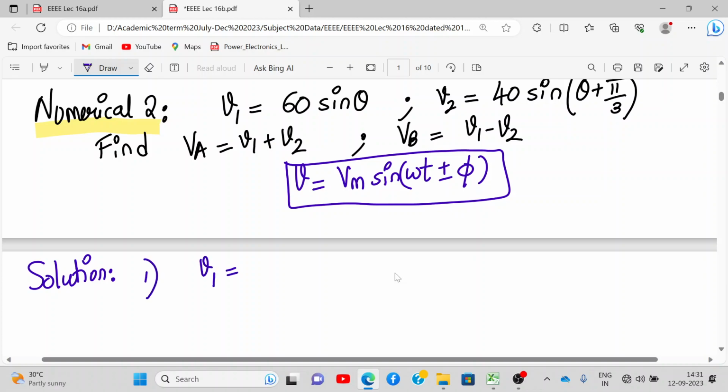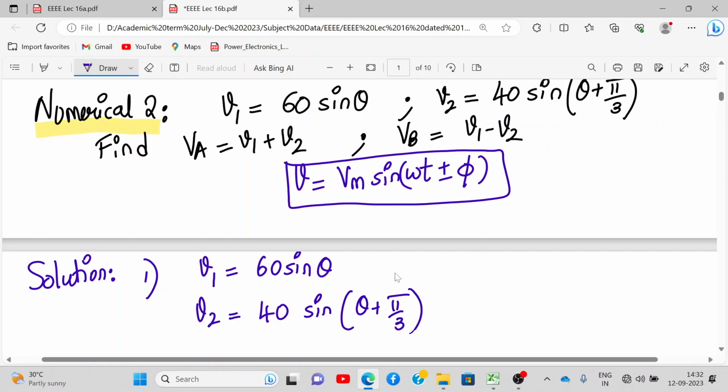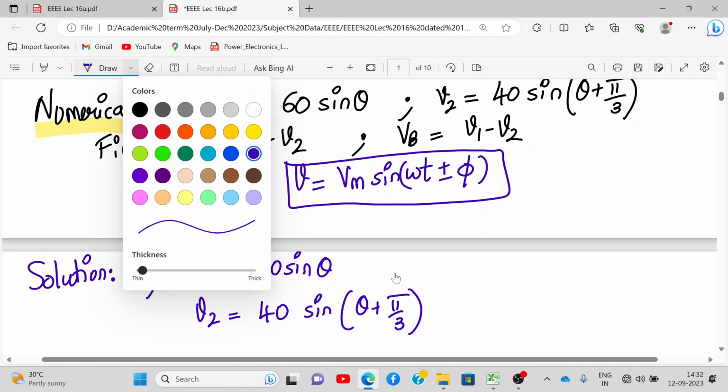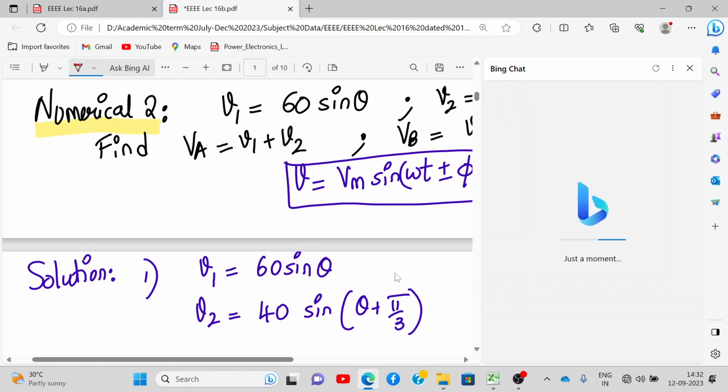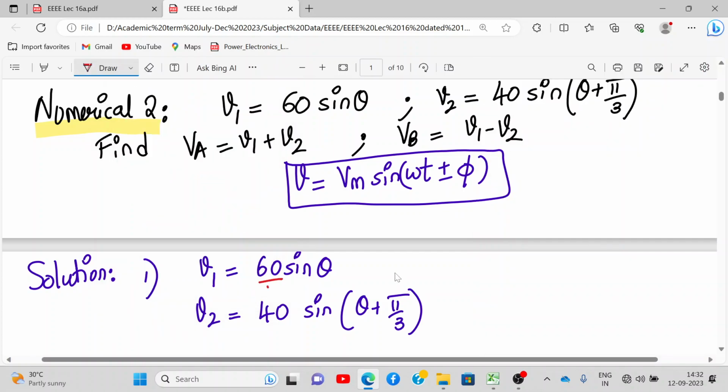So V1 is 60 sine theta, V2 is 40 sine of theta plus pi by 3. So tell me, what is V1 RMS? This is VM1, right? Peak value. And your phase angle is 0. This is VM2. This is phi 2.